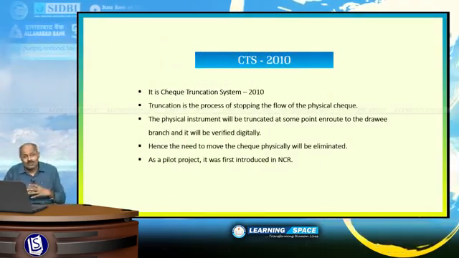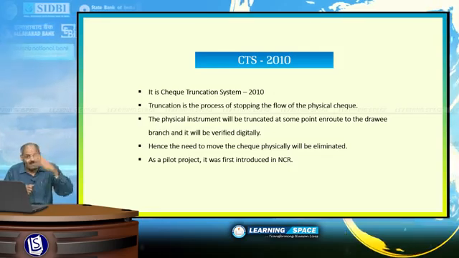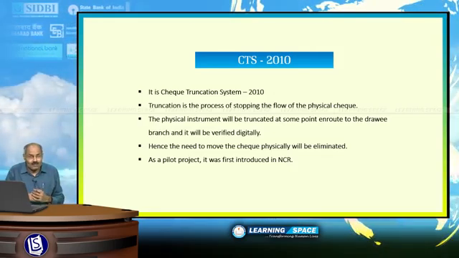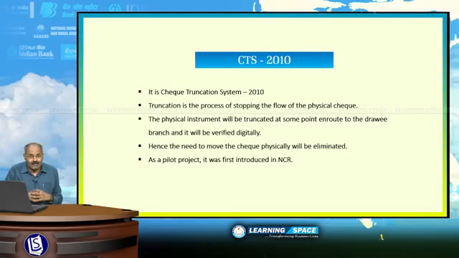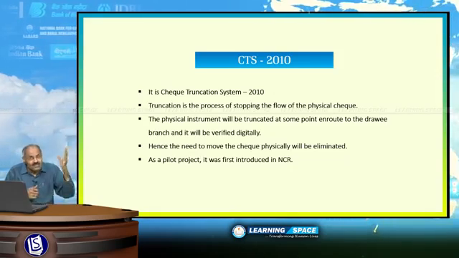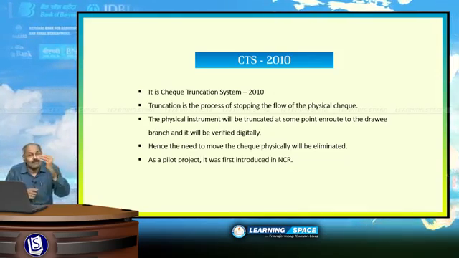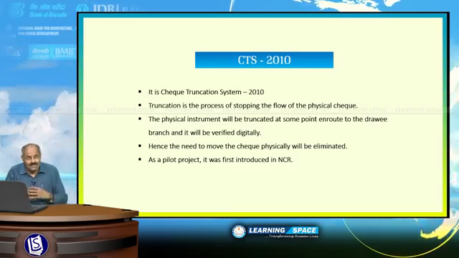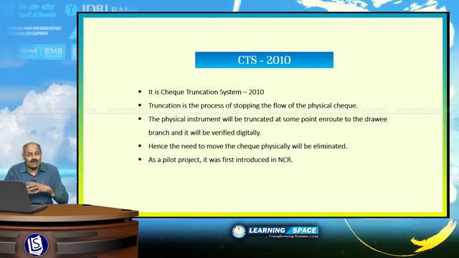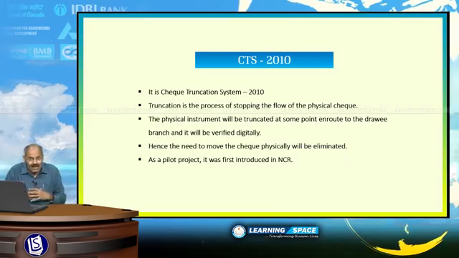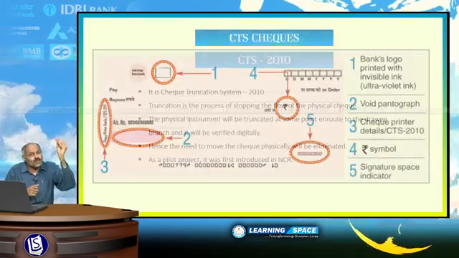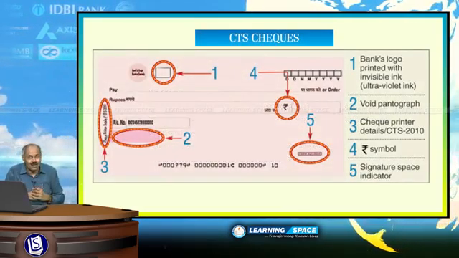And look at CTS 2010. Now CTS checks are almost evident everywhere. The government first introduced these CTS checks in the National Capital Region, and subsequently they are covering almost the entire country now, but still a very small percentage of non-CTS checks are in operation.